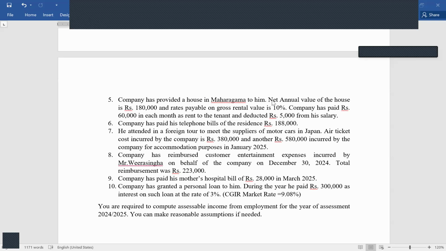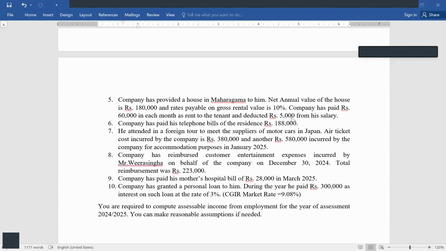එතකොට 12.5% apply වෙන්නේ for the rated area, 10% is for the unrated area. To be considered whether this is in rated area or not, you can consider these wordings. Otherwise, that wordings are not necessary. So market value you have given. This 60,000 is the market value, but 5,000 is collected from the employee.